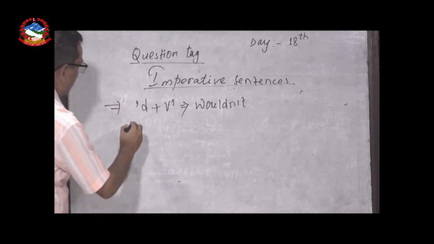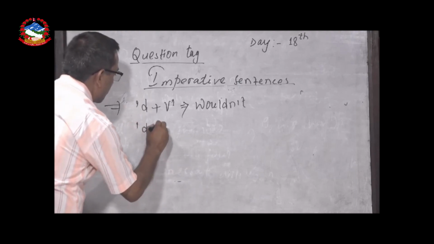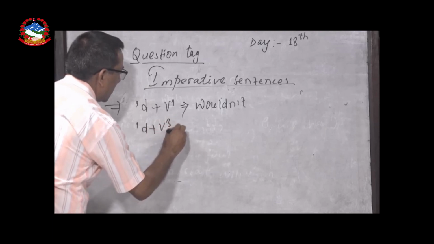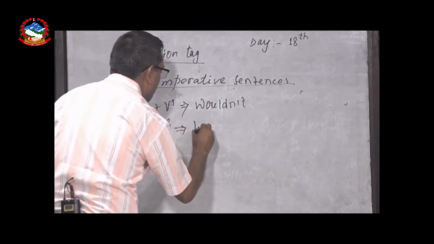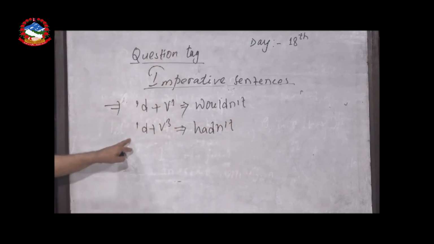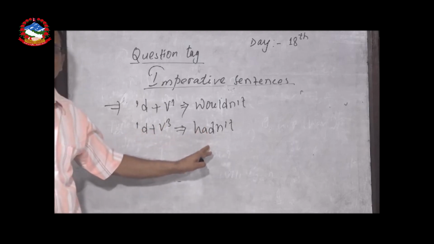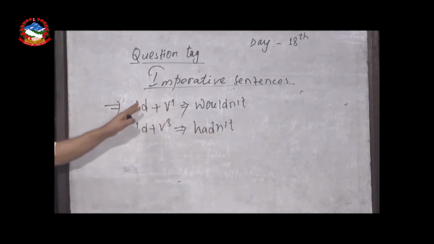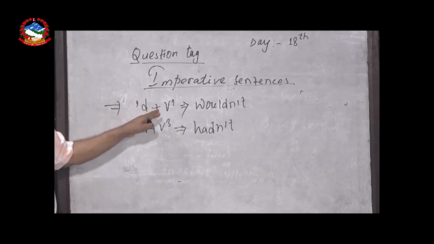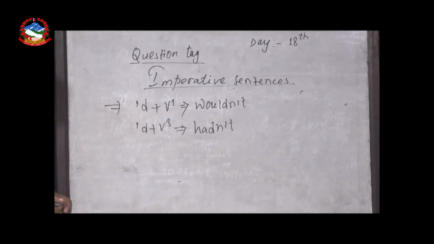Then if there is given apostrophe d plus verb 3, the tag becomes hadn't. After apostrophe d, if there is a verb 3, the tag will become hadn't. Apostrophe d plus verb 1, the tag becomes wouldn't. Okay.